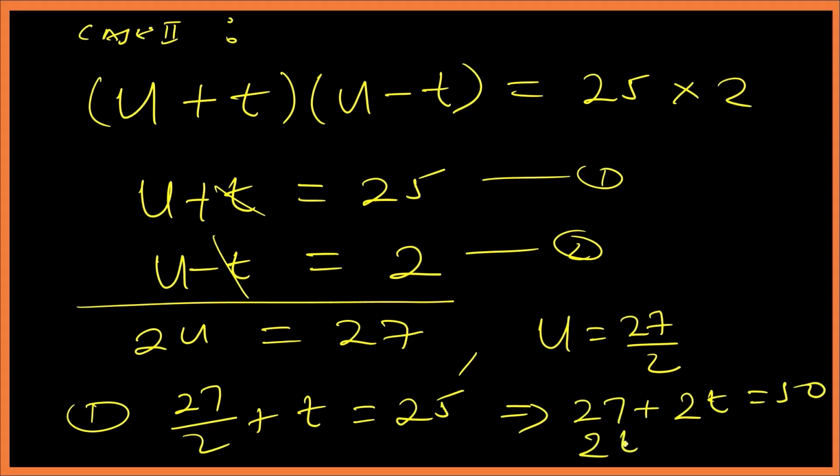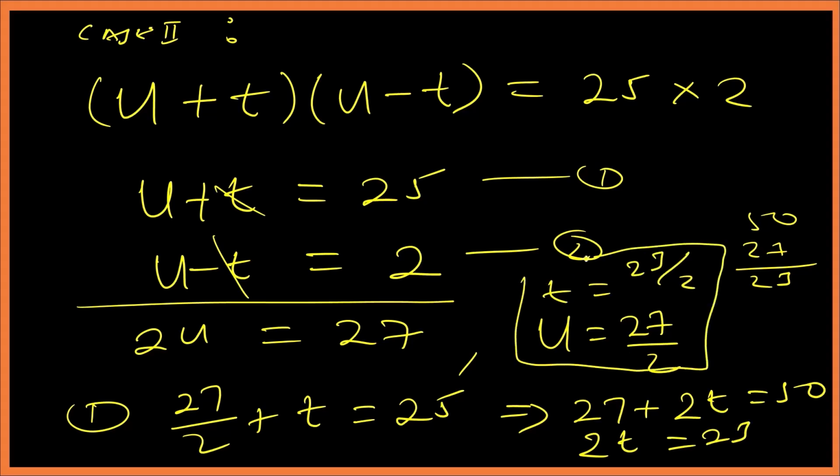So 2t will be 50 minus 27, which is 23. So my t will be 23 on 2. That is for case 2.